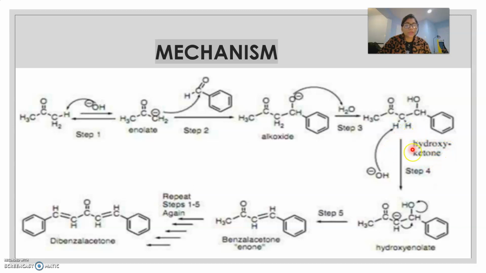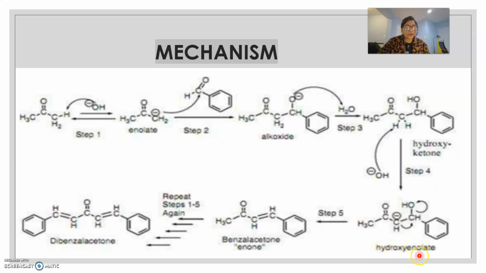So now what will happen is, the H on the methylene group is highly acidic, so the OH will be attached here, and the formation of the enolate will take place.